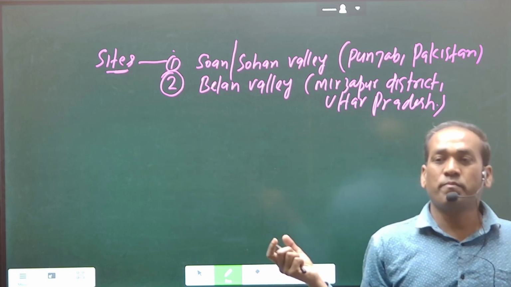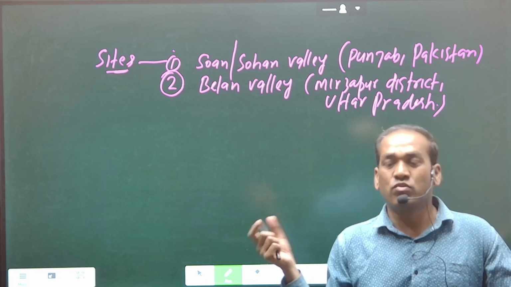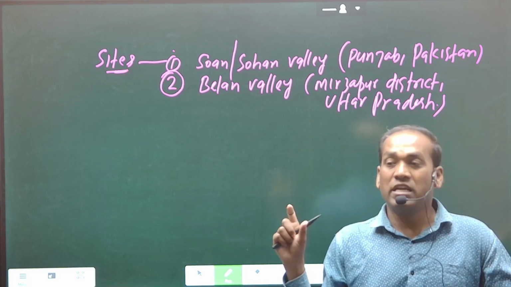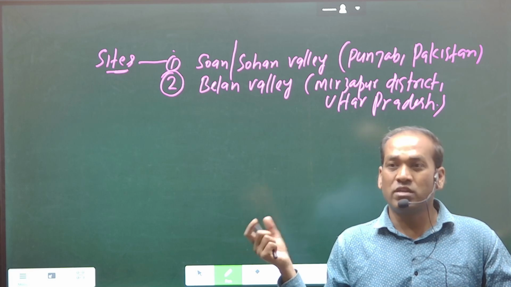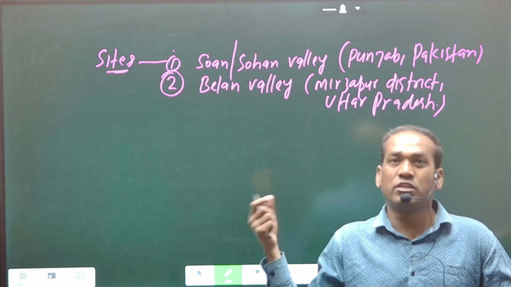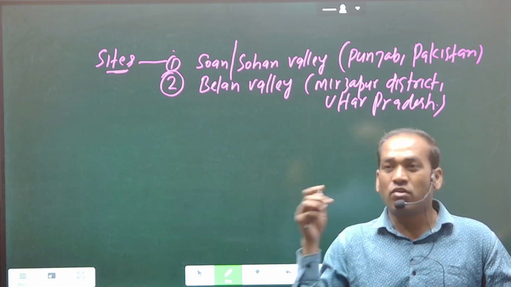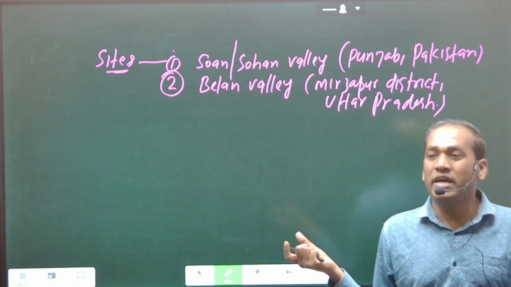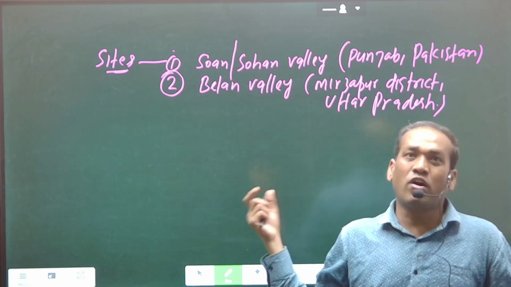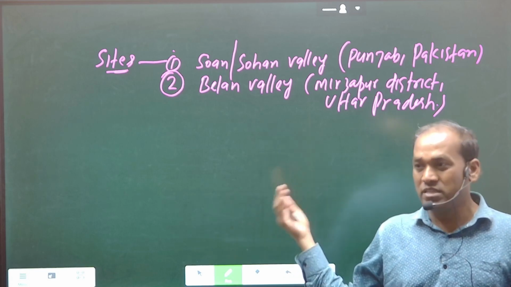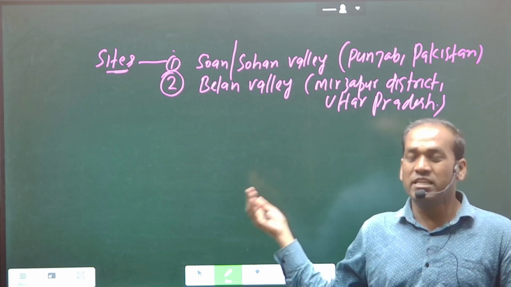They use quartzite stone, hard stone, for making their tools. So that is why they were called as quartzite man. And then the food was obtained by hunting the animals and gathering eatable foods.